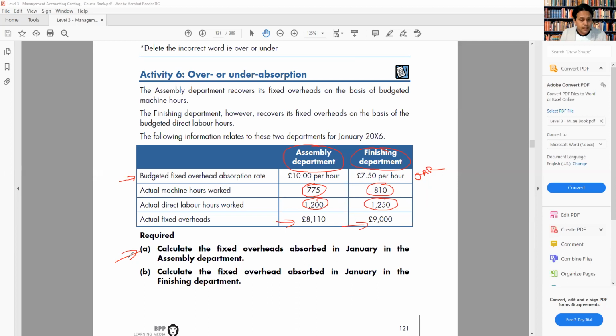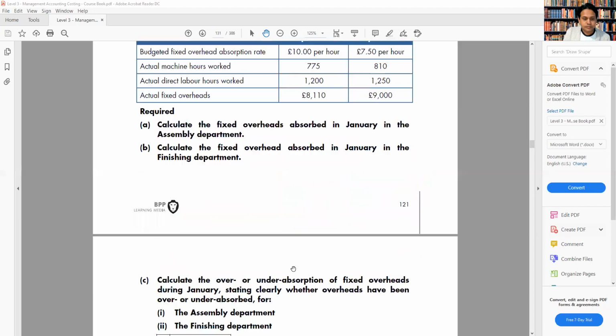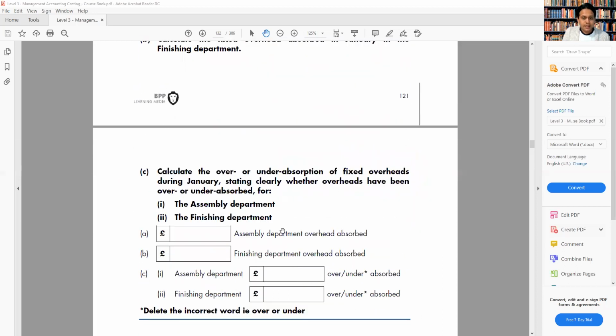All right, let's read the requirement now. Calculate the fixed overhead absorbed in January in the assembly department, and calculate the fixed overhead absorbed in January for finishing. So both assembly and finishing. And they're asking to calculate the over or under absorbed, stating clearly whether overhead has been under or over absorbed for both assembly and finishing.